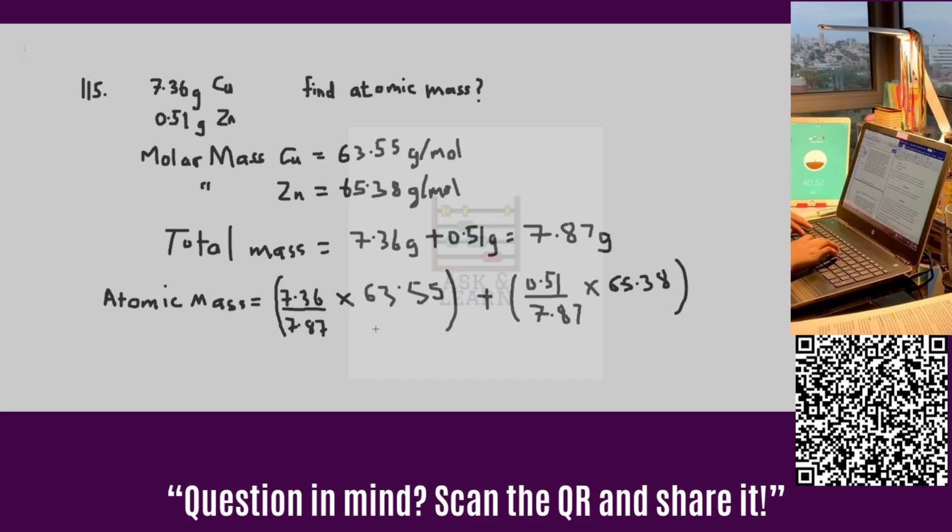Obviously, the final result would be in grams per mole because the ratio is unitless here. So upon doing this arithmetic, you're going to see that the final result is 63.7 grams per mole, and that's taking into consideration the significant figures in the result.